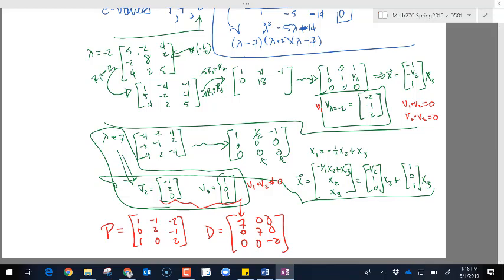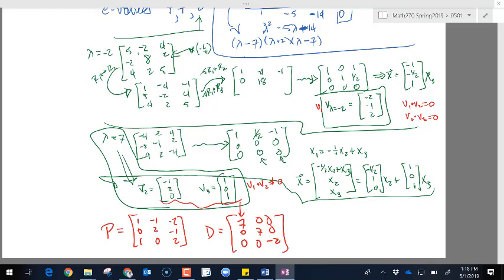But by the Gram-Schmidt process, we can make those two orthogonal and create an orthogonal basis. By the way, if I find P inverse, it should work.